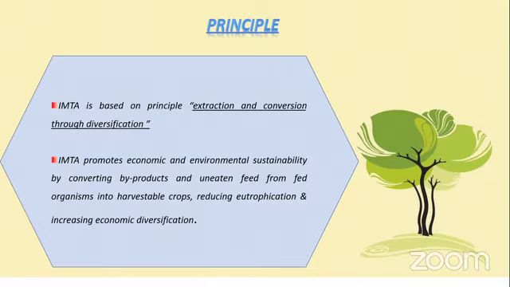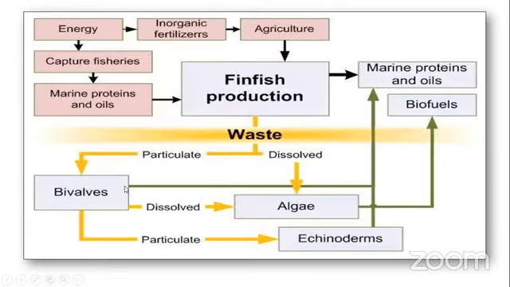It promotes economic and environmental sustainability by converting byproduct and uneaten feed from a fed organism into harvestable crop, reducing eutrophication, which is a resultant of high organic load, and increased economic diversification. Next slide, please, ma'am. So it is nowadays very much in practice where many organisms can be cultured together, and the waste of one can be used in the feed of other.